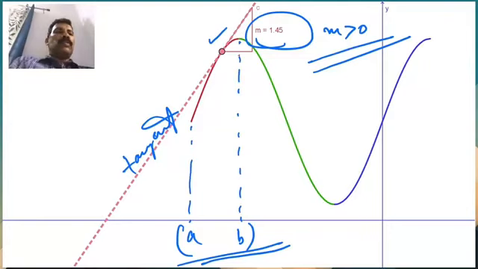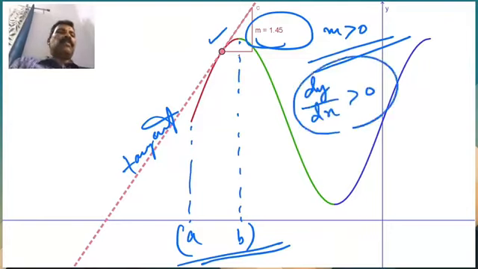Positive slope means the derivative dy by dx is positive, because according to geometry it is the slope, and according to calculus it is the derivative. The slope of the tangent means the derivative in calculus. So there is a close connection between them.